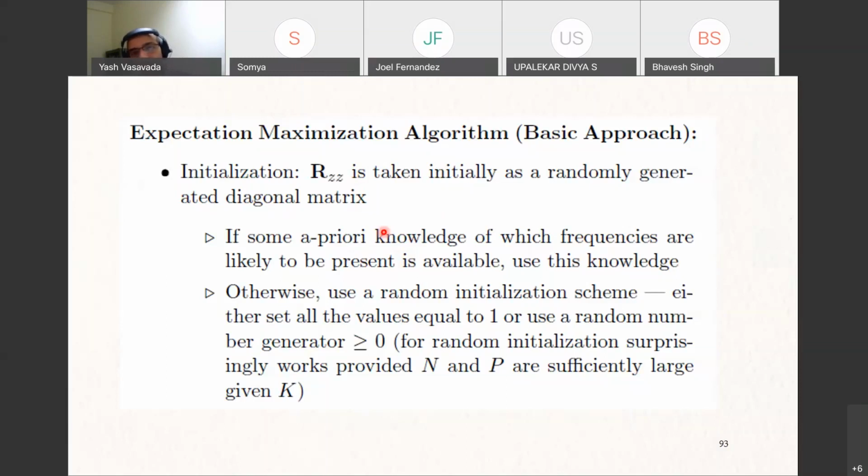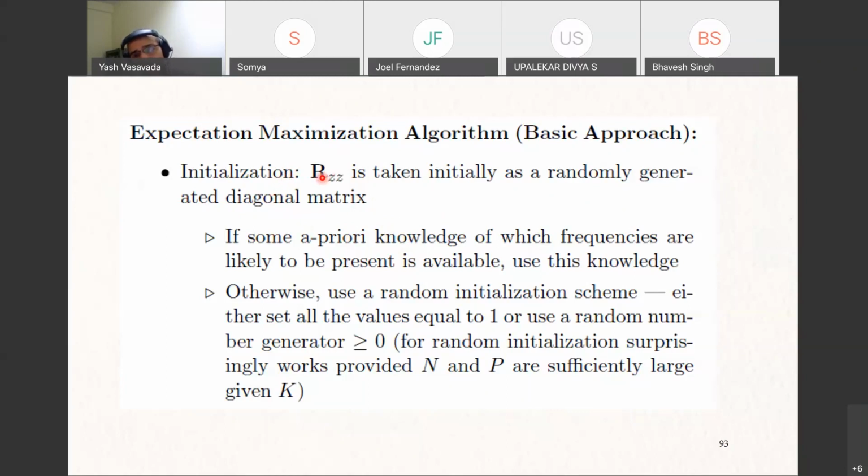Basically, the MUSIC and the MVDR and even the power spectral density techniques, they work inside the box. Even if you have some extra knowledge from which you can rule out certain frequency locations, that doesn't help you in the MUSIC algorithm. But here in the EM algorithm, if you have that outside of the box knowledge, you can put it to good use by more smartly initializing this RZZ.